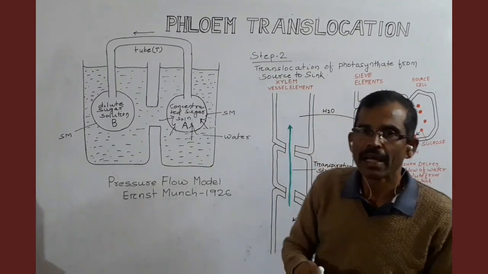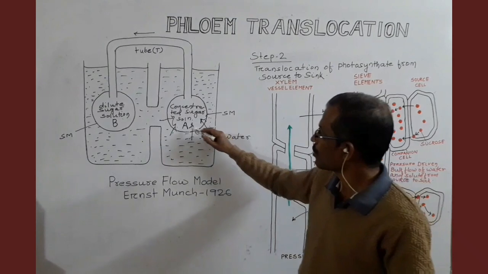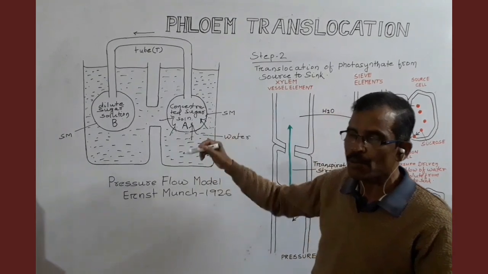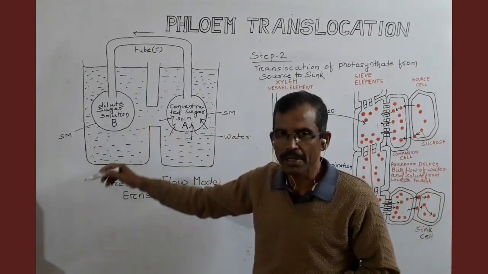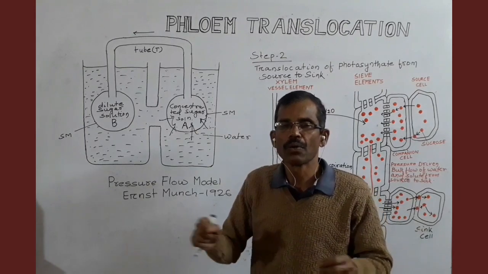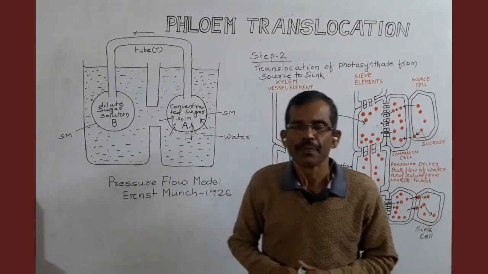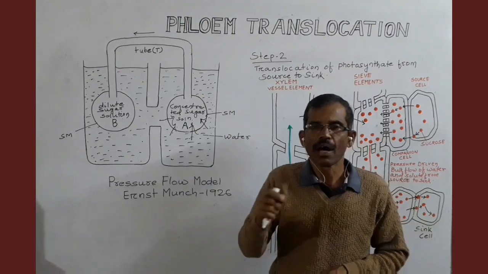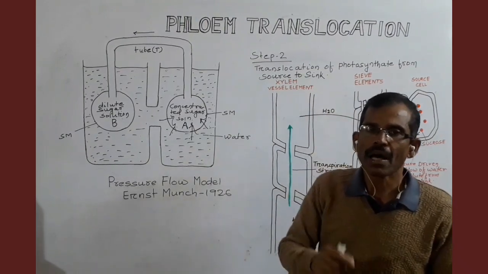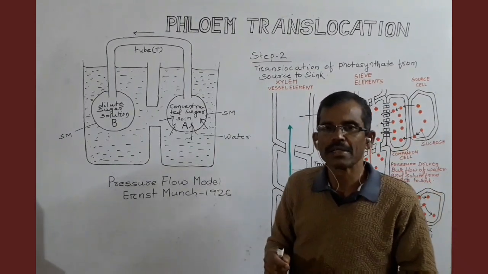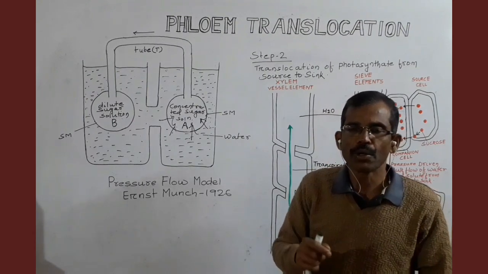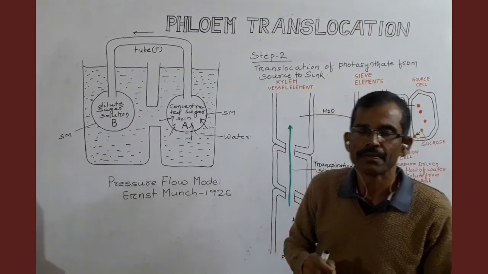If we can add sugar to the osmometer A and remove sugar from the osmometer B, then the process will go on continuously. According to pressure flow hypothesis, a similar process also takes place in the plant during phloem translocation.